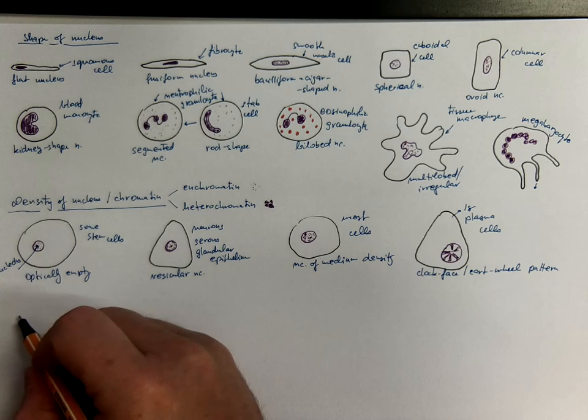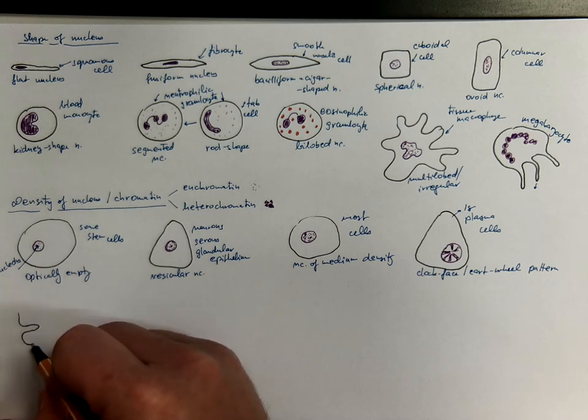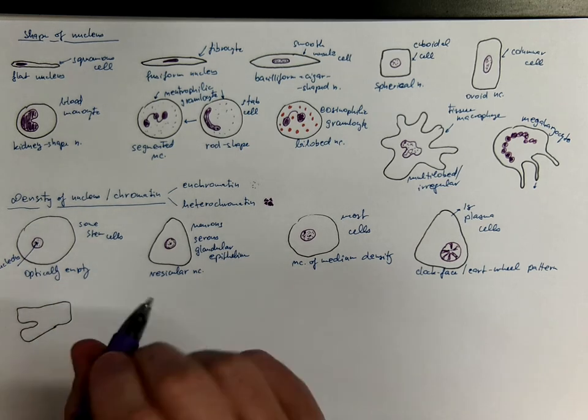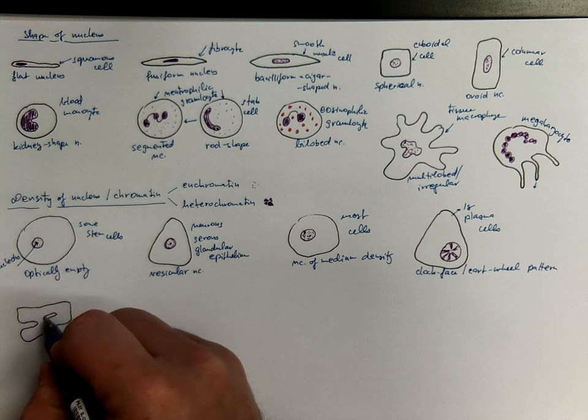Other cells might have very dark chromatin. An example could be cardiac muscle cells.